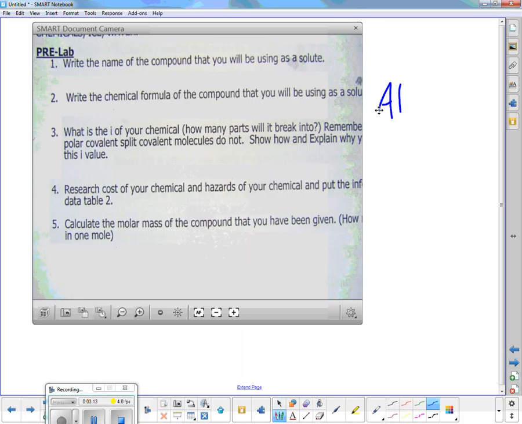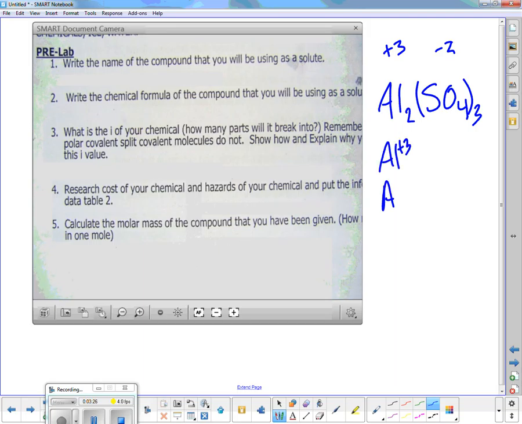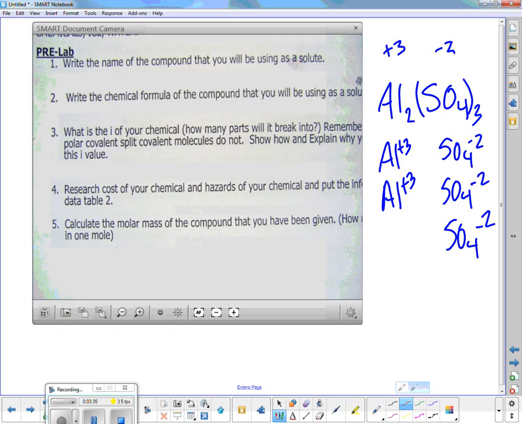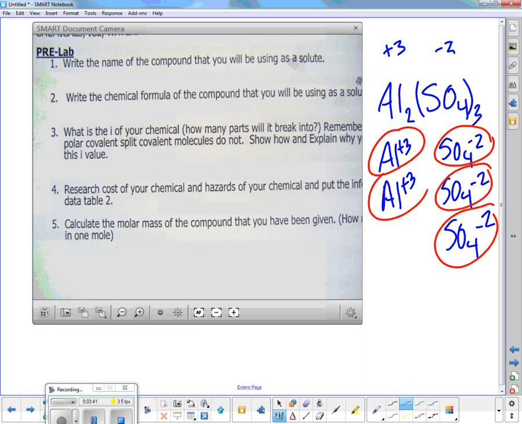I would need 2 aluminums to go with 3 sulfates. So how many parts did it break into? 1, 2, 3, 4, 5. Okay, so you need to figure out how many parts yours will break into.